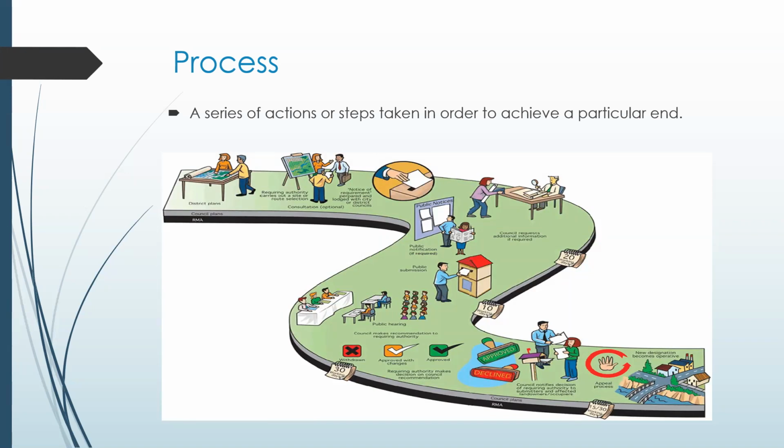Anything that involves a series of steps or actions in order to achieve an outcome is called a process. So anything that I do in a sequential set of steps to receive or to achieve an outcome is a process.